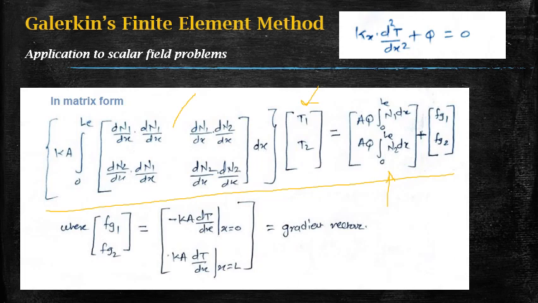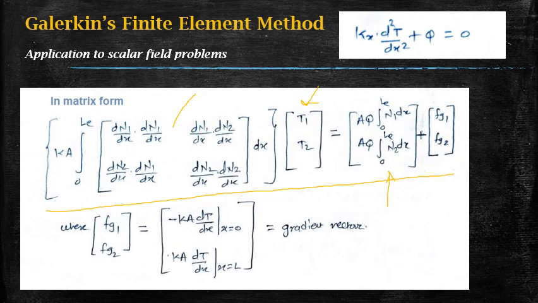So this heat generated per unit volume is now transferred on two nodes of single element. Part of heat generated is transferred at node number 1 and part of heat generated is transferred to node number 2.